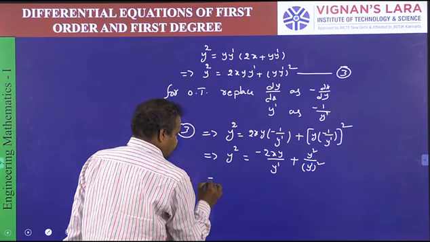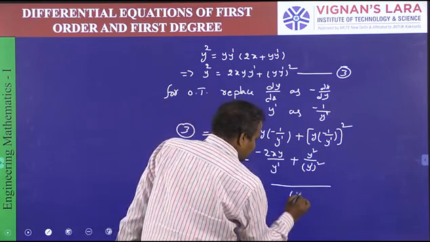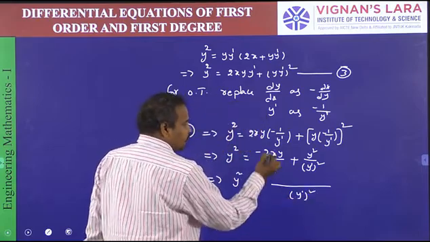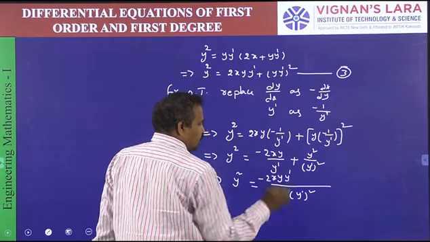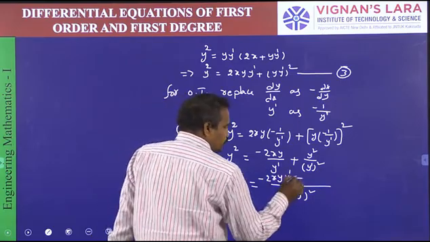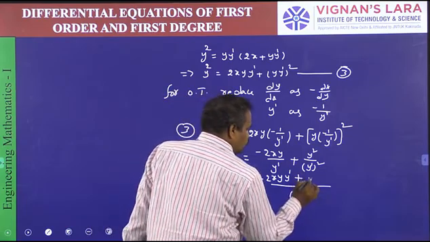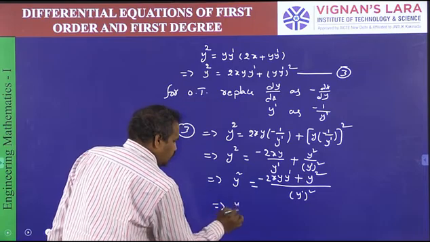Take LCM. Y square is equal, LCM is y dash whole square. Y dash times getting cancelled. Y dash into minus 2xy, minus 2xy y dash plus y dash whole square, one time getting cancelled. 1 into y square. Now cross multiply this one.